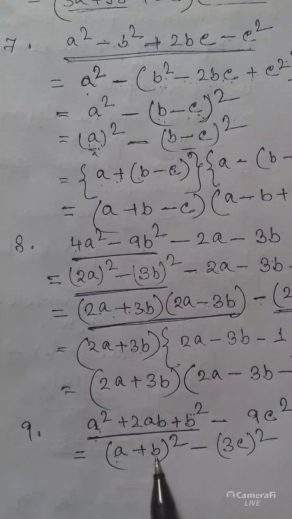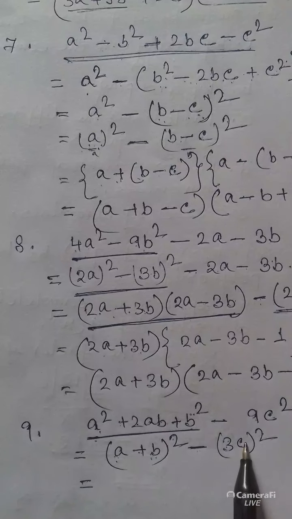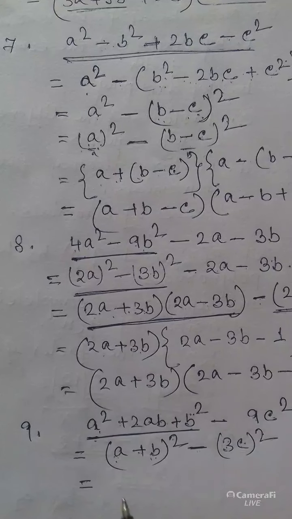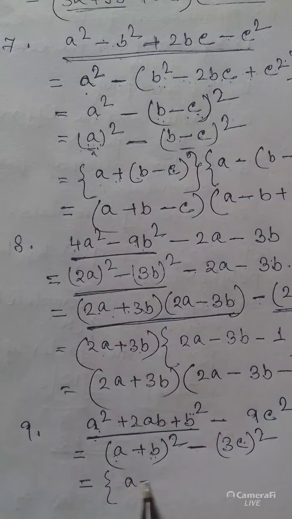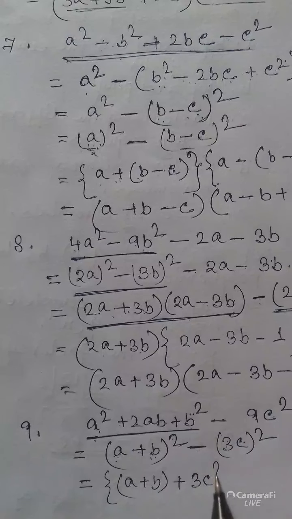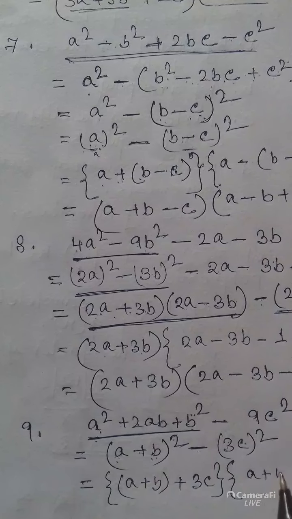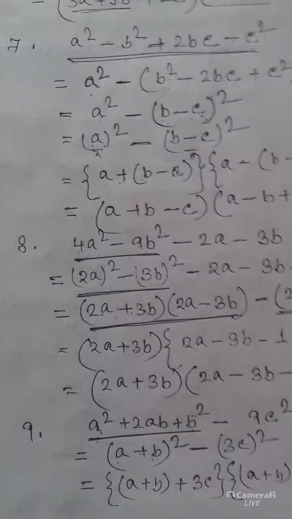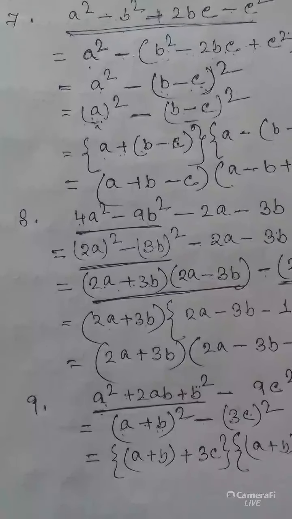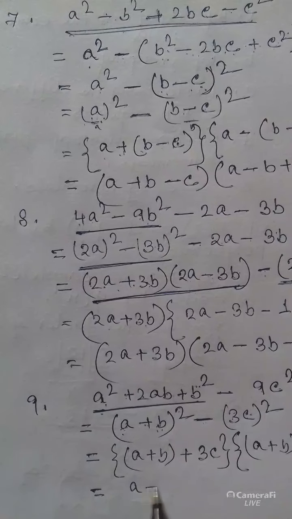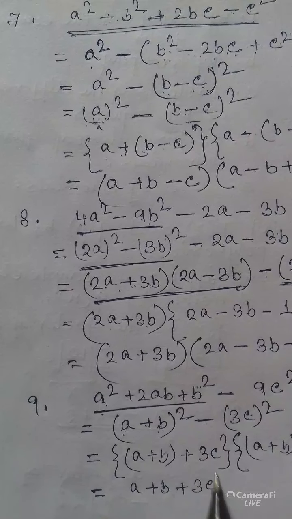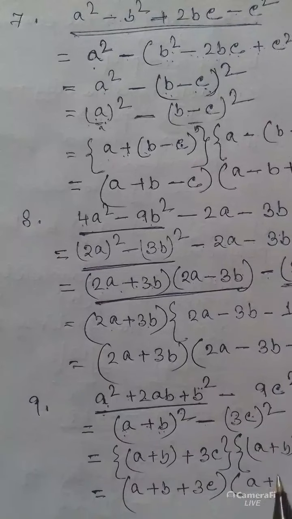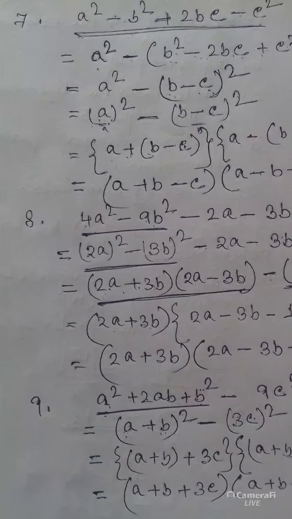So we have (a + b)² − (3c)², a difference of two squares. Then the formula a² − b²: here a is (a + b), so (a + b + 3c) and (a + b − 3c). We can use brackets.